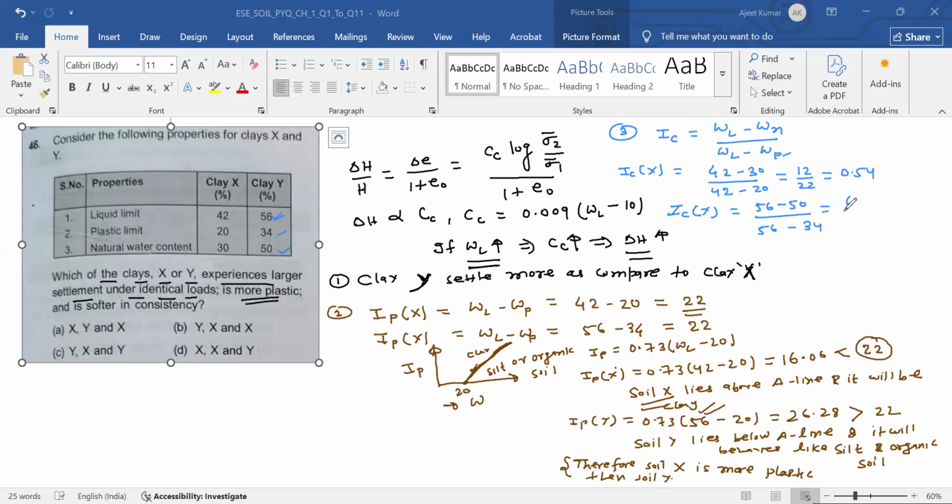So this is 6 upon 22, and 6 upon 22 is 0.27.